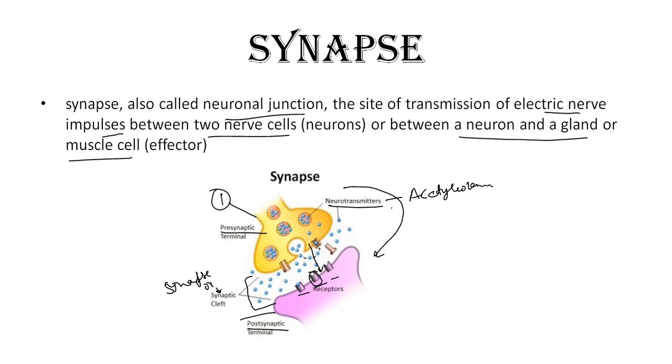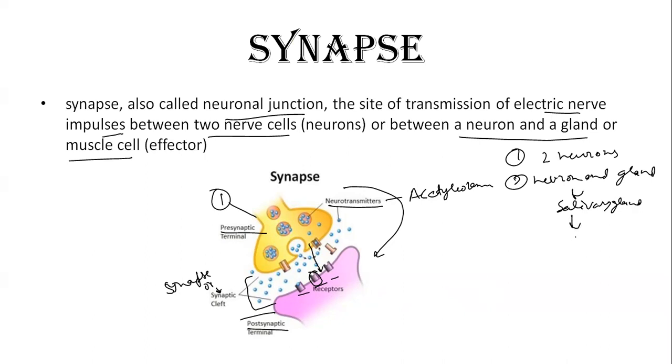So a synapse is formed first between two neurons, and then between a neuron and a gland. For example, your salivary gland: neurons send a message to the salivary gland and the salivary gland secretes saliva, which helps in digestion of food.